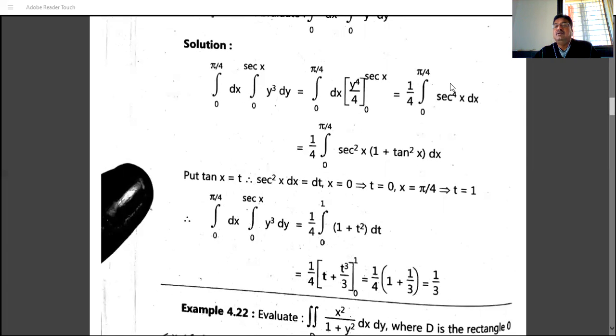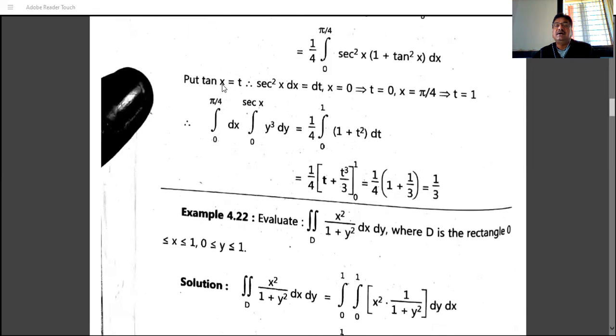Then in order to integrate sec raised to 4 x, we adjust that, right? Sec square x into sec square x, and the other sec square x is 1 plus tan square x, because sec square theta is 1 plus tan square theta, dx. And then substitute tan x as t, then sec square x dx is dt.